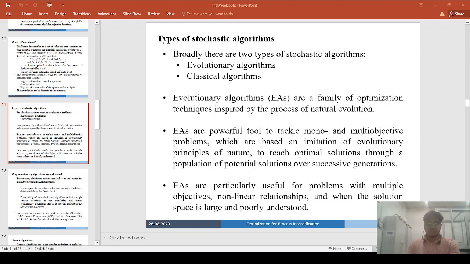So yeah, the basic idea behind that is that it is inspired from the process of natural evolution.